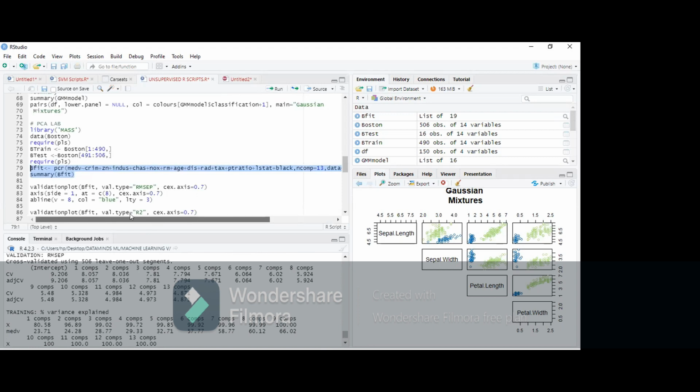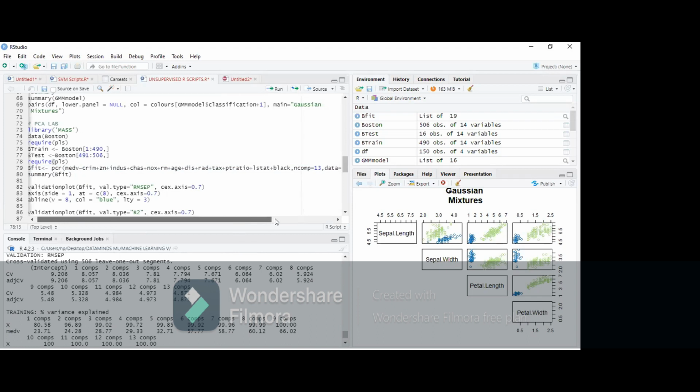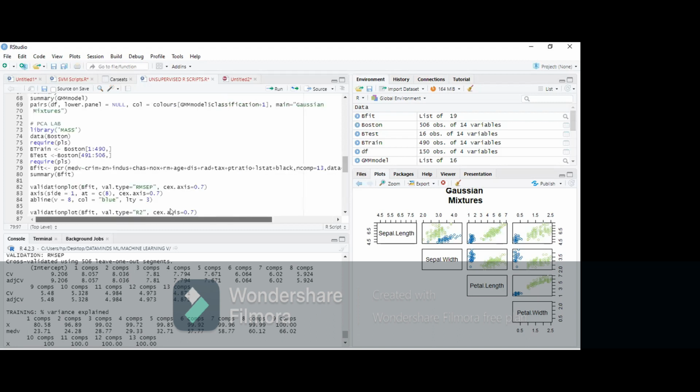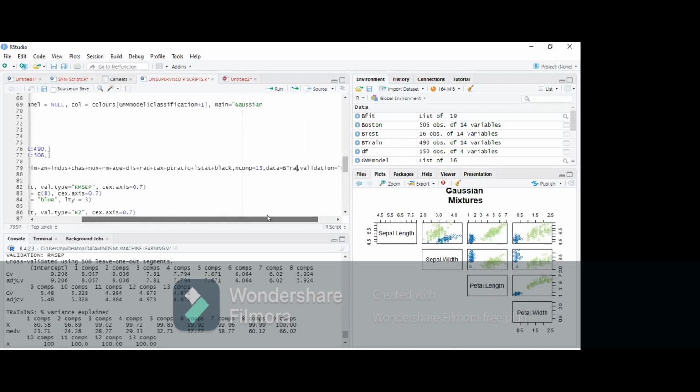All right. Actually, this was meant to be B-train, not Boston. Let me change it. Take note, because I'm using the entire data set by using Boston. So with B-train, let me change it.